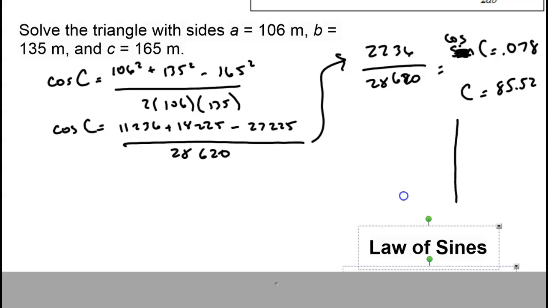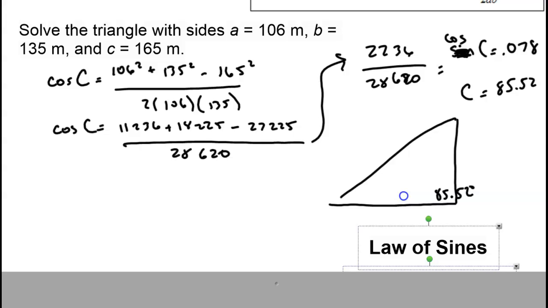Now we have an angle, and we know that that's not 90 degrees, that's actually 85.52 degrees.